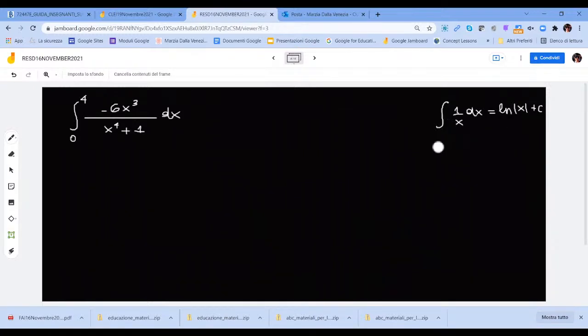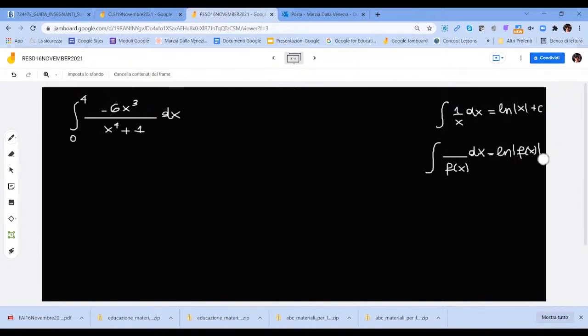Then you should be aware that if you have some function f of x, as I told you before in the case of the exponential function, you can write the natural logarithm of the function.